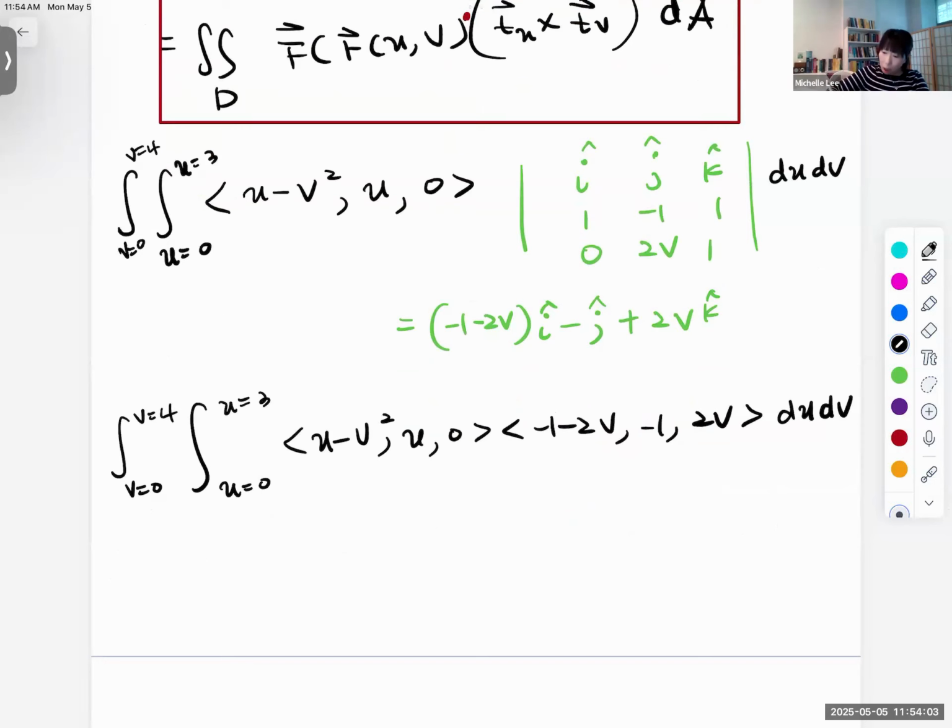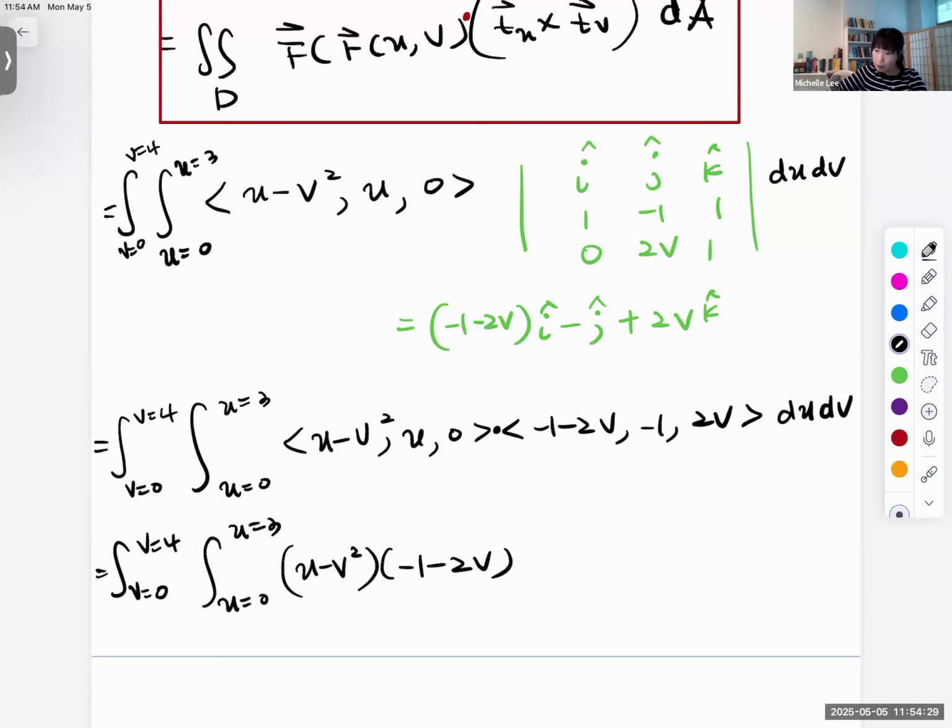Dot product there, so we multiply component with component, right? So the first term with the first term, u minus v squared times negative 1 minus 2v, and the second term negative u, third term we have a 0.